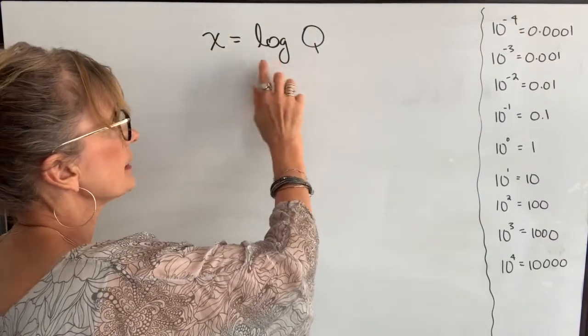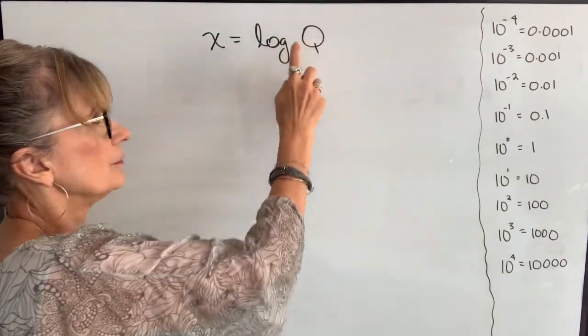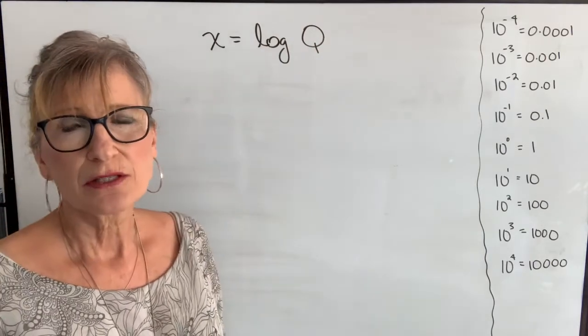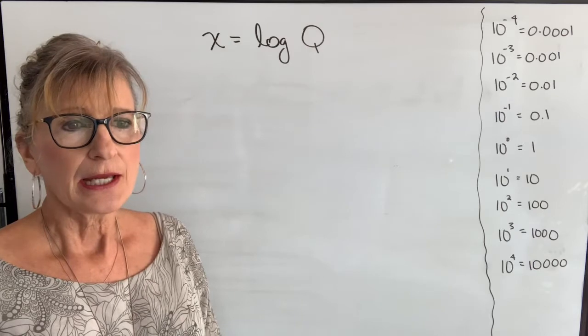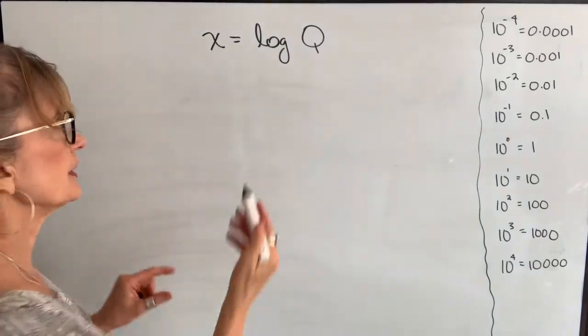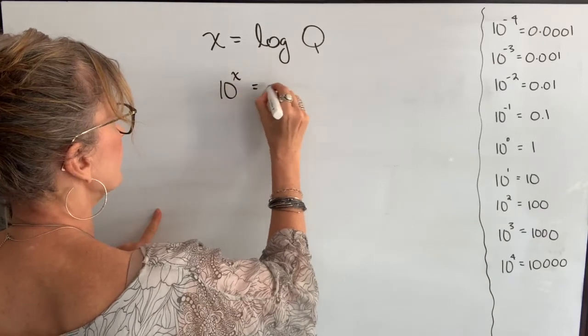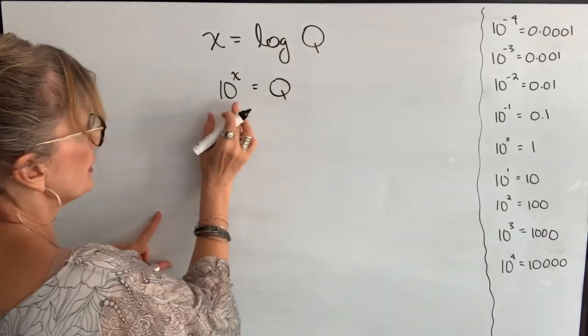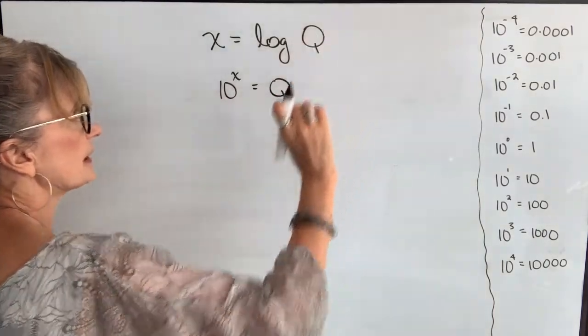If I see x equals the log of q, so far we've just been finding x when we knew what q was. So we know the quantity, we're finding the exponent. If I were to write this in exponential notation, my base is 10, my exponent is x, my quantity is q. So 10 to the x is equal to q is the same relationship as x equals the log of q.